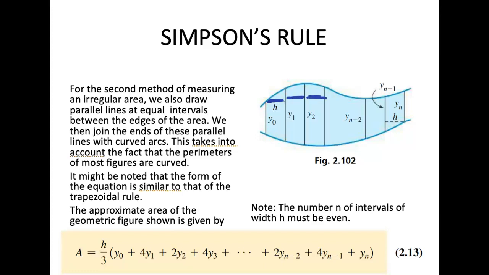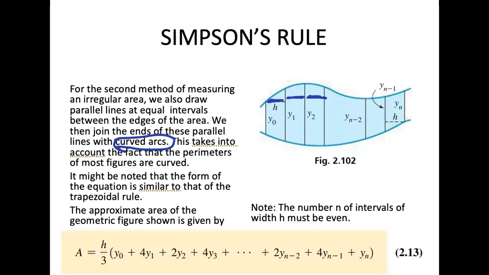So we're equally spacing those out, and we have these parallel measurements across. The one thing that's different is that instead of connecting this with straight segments, we're connecting them with curves. So we're using these curved arcs when we make the connections.